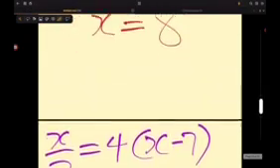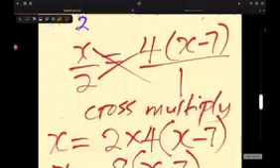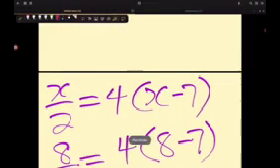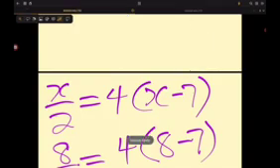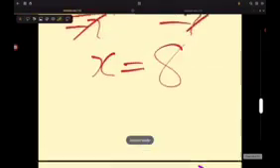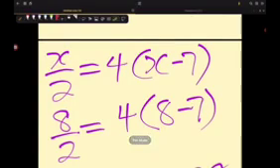So let's quickly carry out a check. x over 2, 4 into x minus 7. That's the main question. Check. Anywhere I see x, I put 8 there.